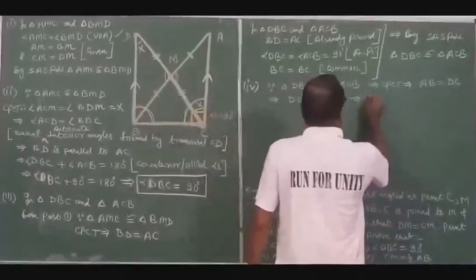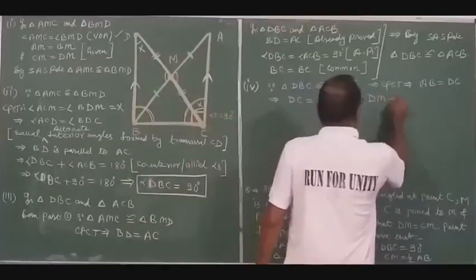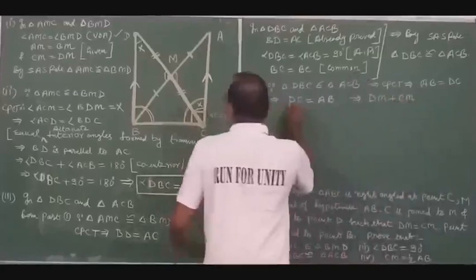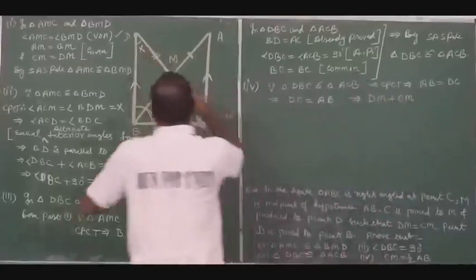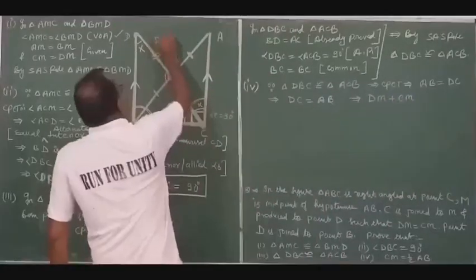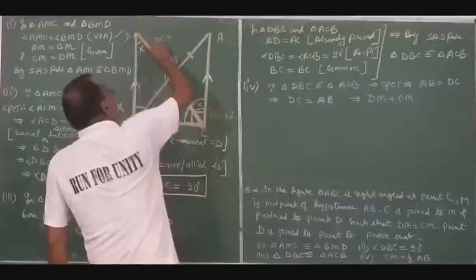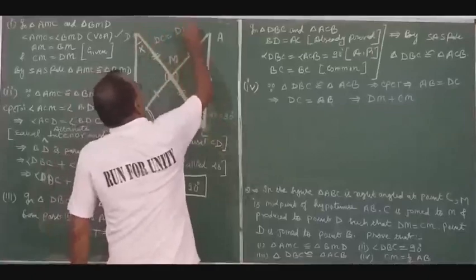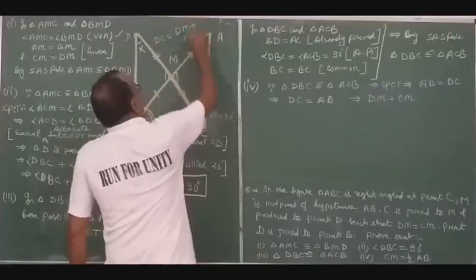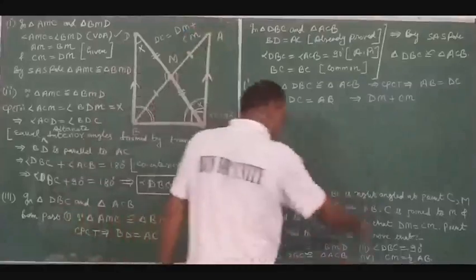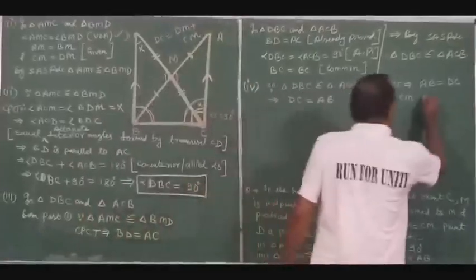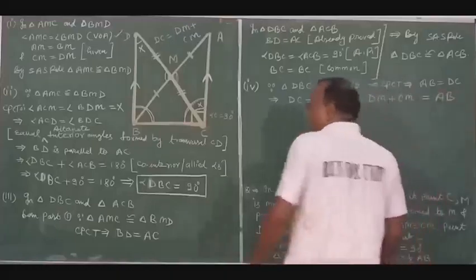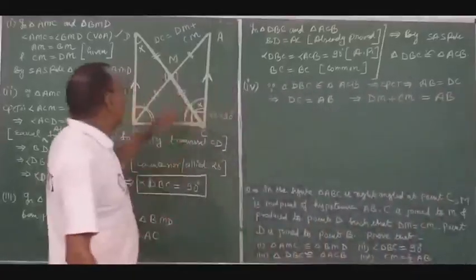DC is DM plus CM, and this is equal to AB.